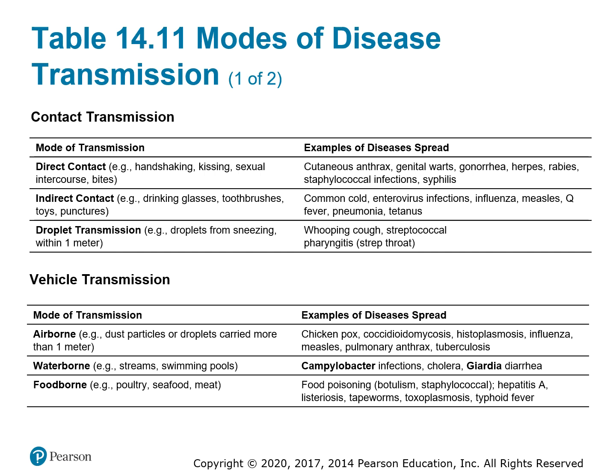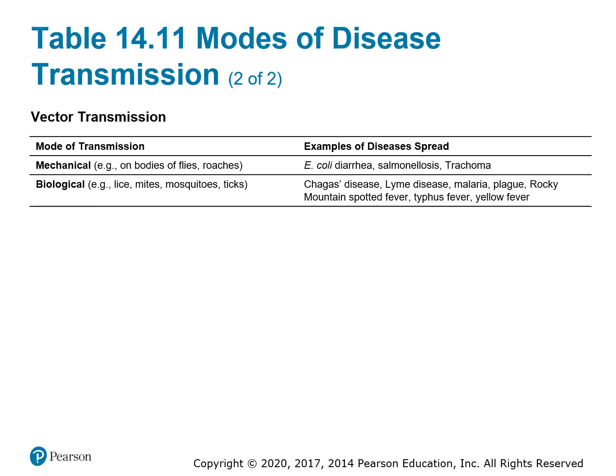Punctures like needles, right? And then droplet transmission, sneezing, coughing, and all that sort of stuff, and then diseases. Vehicle transmission, airborne, waterborne, and foodborne, and it's talking about each one of those and some examples of different diseases that can be transmitted that way. And then finally, vector transmission, either mechanical or biological.